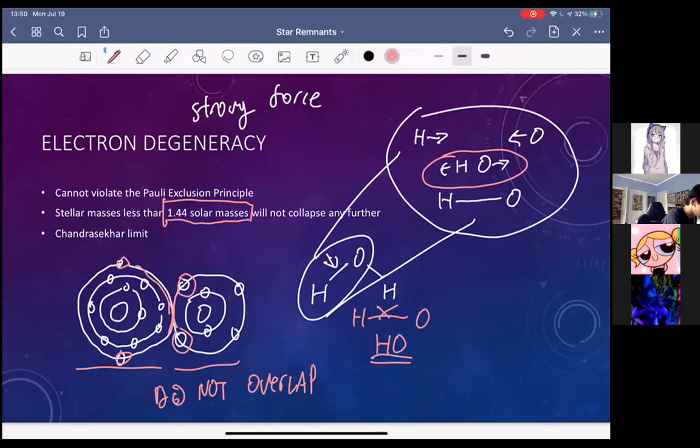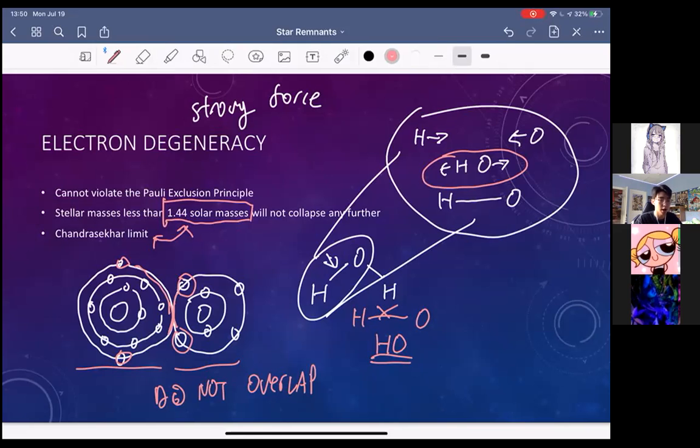So this limit right here, 1.44 solar masses, is what we call the Chandrasekhar limit. Chandrasekhar was this Indian scientist who was studying nebulas and white dwarfs, and he realized: why can't we find any white dwarfs that are more than 1.44 solar masses?